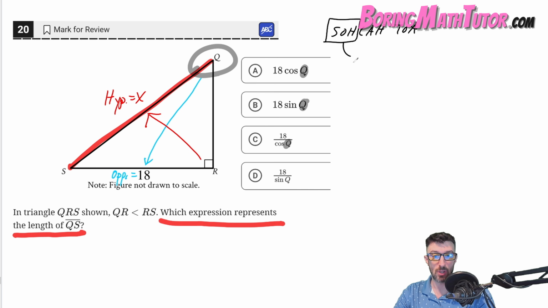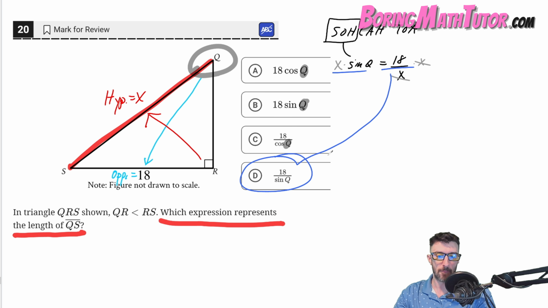So we're going to have sine of Q equals opposite over hypotenuse. So it's going to be 18, our opposite, over the X, which is our hypotenuse. Then we can multiply both sides here by X. That'll cancel this out. And then we just have to divide both sides by sine of Q. And that'll get us to here.